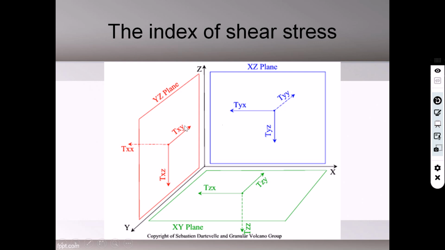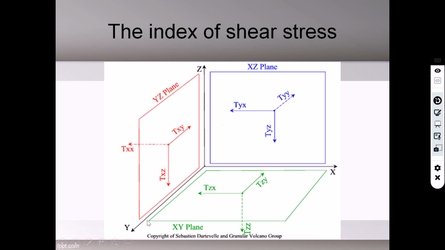And the second index is kind of easy. No one can miss it because it's simply the direction of the force. So think about this shear stress. It acts on the YZ plane, but its direction is in the Y direction. In this plot, we don't care about the sign, okay?